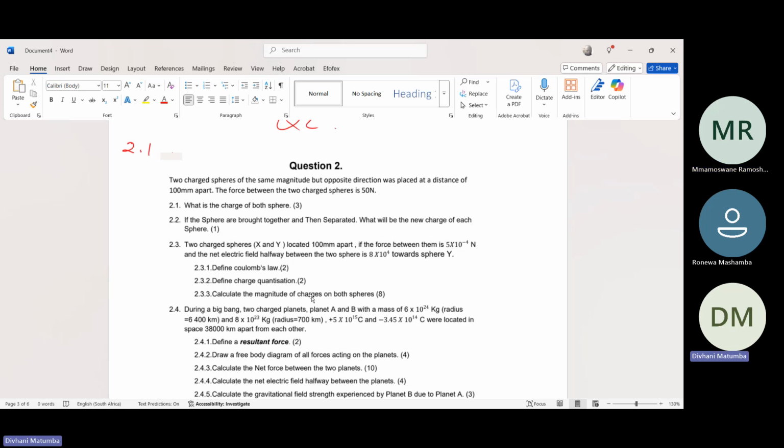Yes. So what is the typical sign of the force when two objects are in attraction? Is it 50 positive or negative? It's negative, sir. It's negative because it will be plus times minus. You agree?